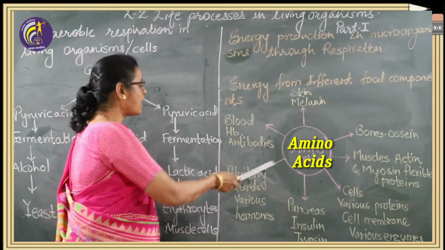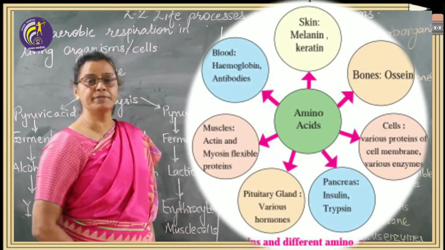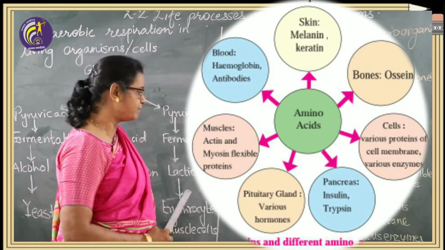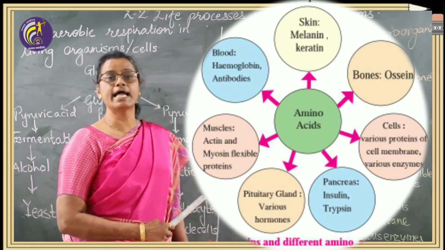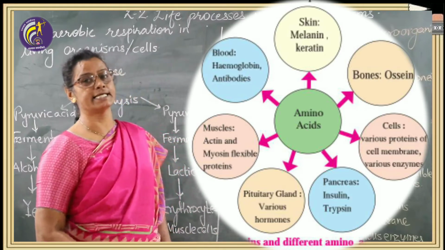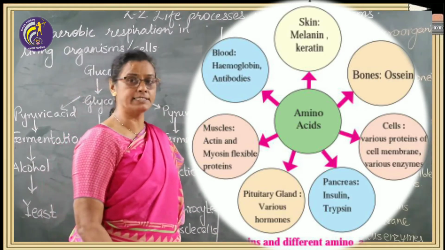Amino acids are utilized by our pituitary gland, and in our pituitary gland there are two parts. One is adenohypophysis and second is neurohypophysis.